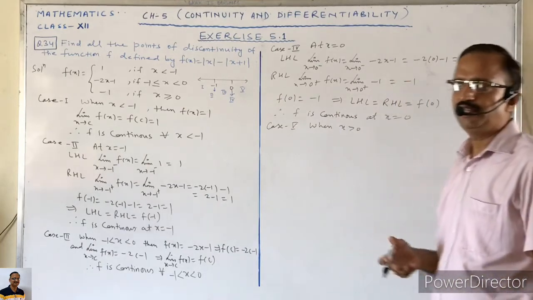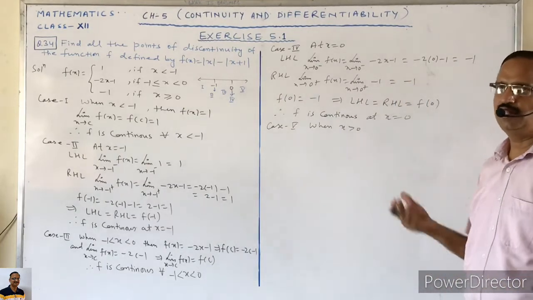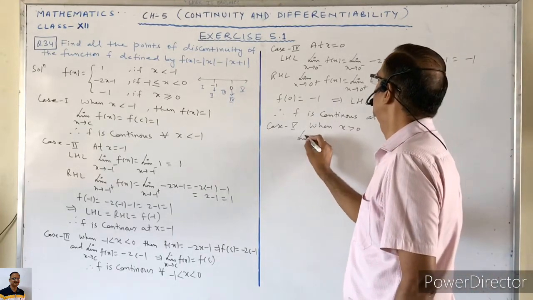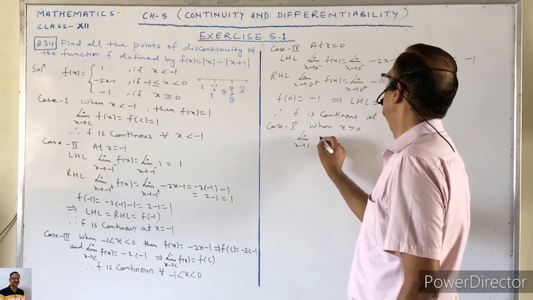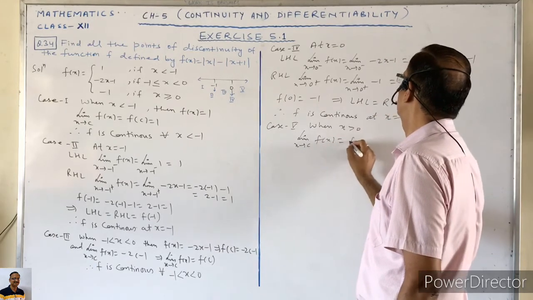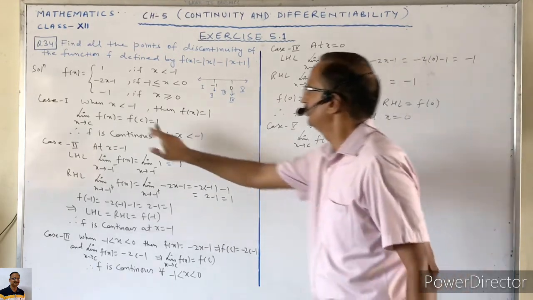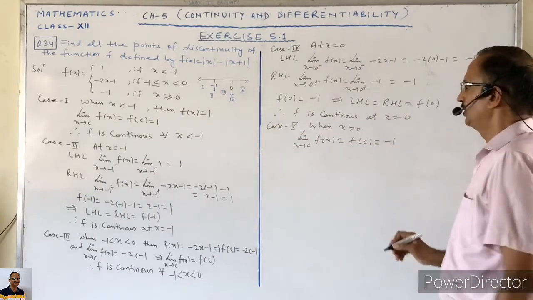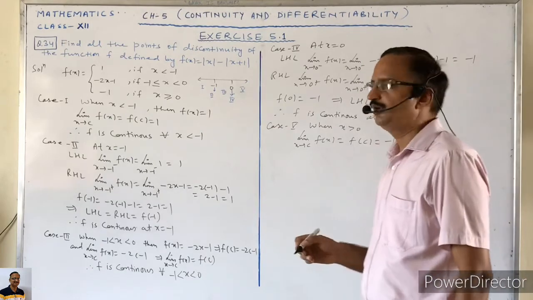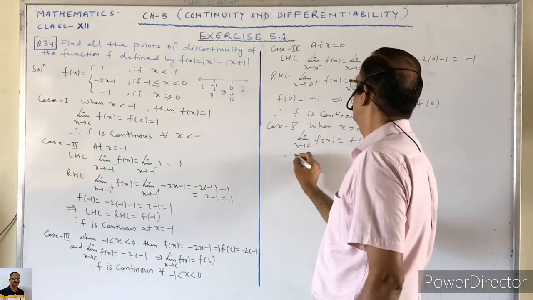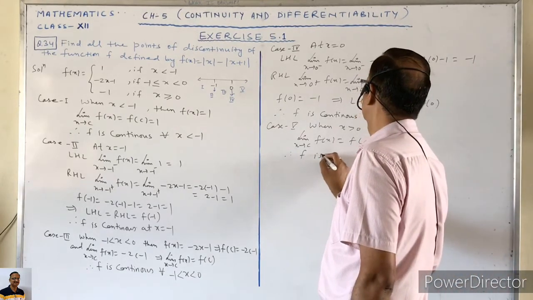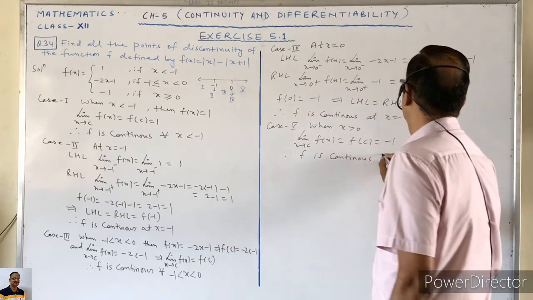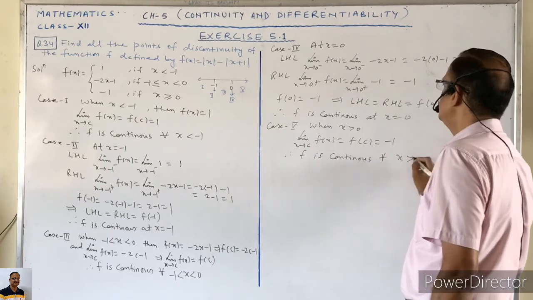So for any point c in the domain, we can say that limit x tends to c, f(x) equals f(c) equals minus 1, because the function is a constant function. So by the definition of continuity, we can say that therefore f is continuous for all x greater than 0.